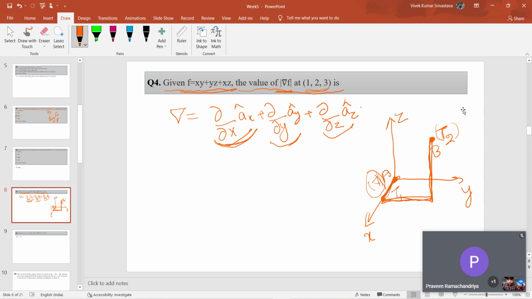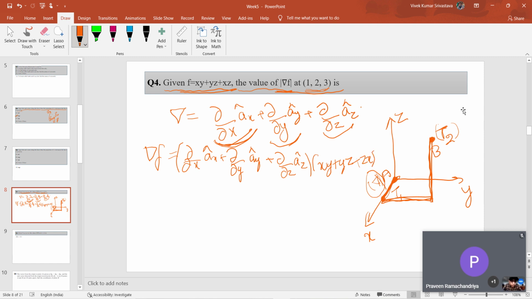First of all, for finding the gradient of this function f, which equals xy plus yz plus zx, take the gradient: del by del x ax plus del by del y ay plus del by del z az, acting on this function xy plus yz plus zx.